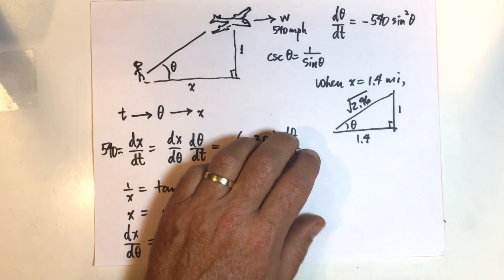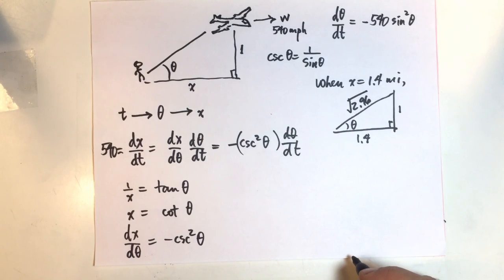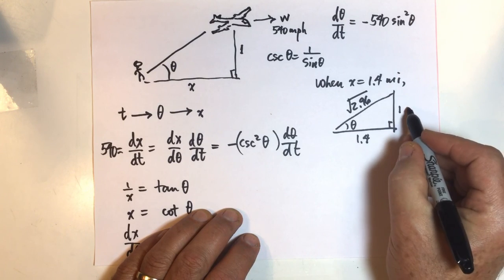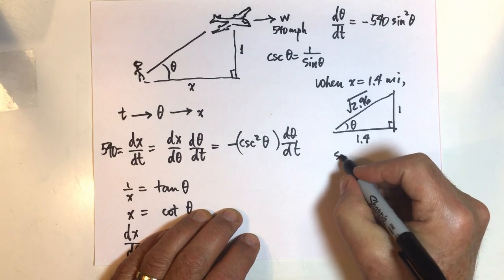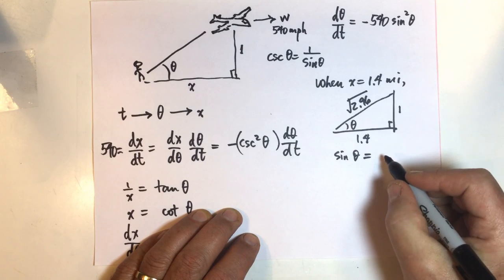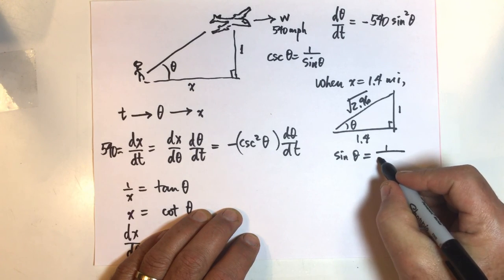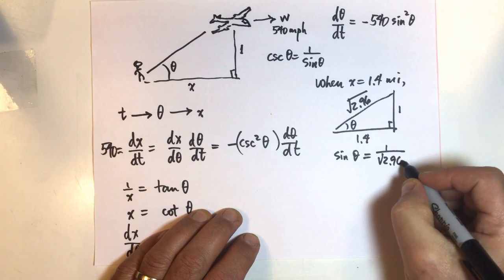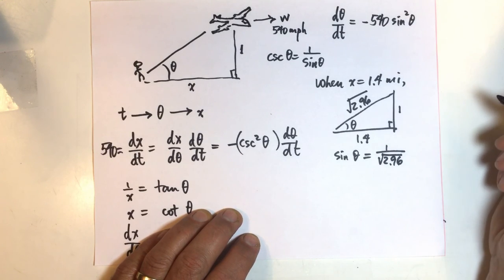So let me write that in. And we're looking for sine theta. Well, sine theta is opposite over hypotenuse. So that's 1 over square root 2.96. Fortunately, we're squaring that, so that's convenient.